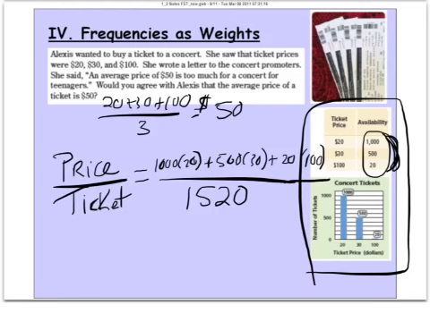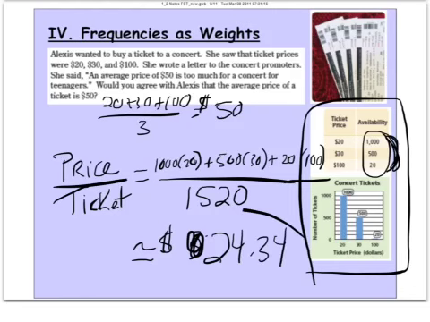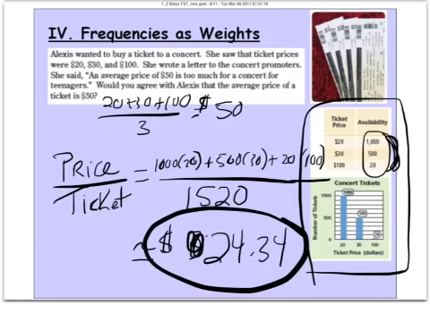Okay. If you add up the numerator and the denominator, you're going to get the weighted average ticket price, was $24.34. So Alexis is way off on this and just fully doesn't understand the mathematics behind this.